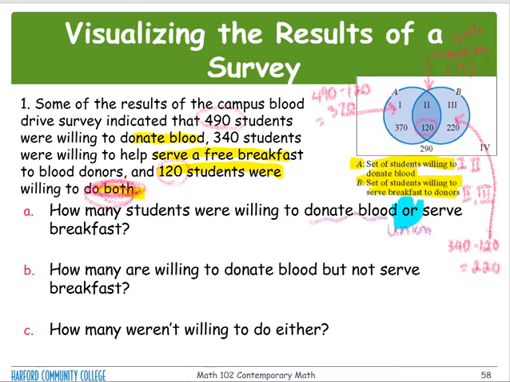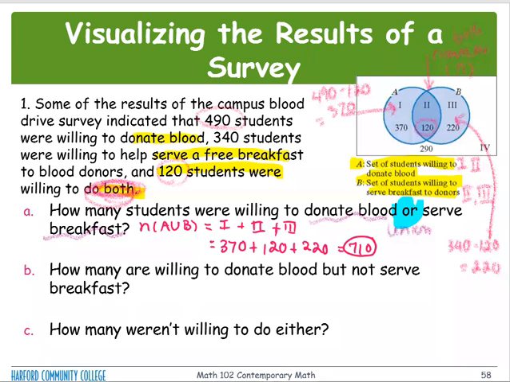Donate blood or serve breakfast, in other words, we are looking for the cardinality of the union of sets A and B. In this case, we have the members from region 1, region 2, and region 3. Region 1, 370, region 2, 120, region 3, 220. So the total would be 710 for the answer in part A.